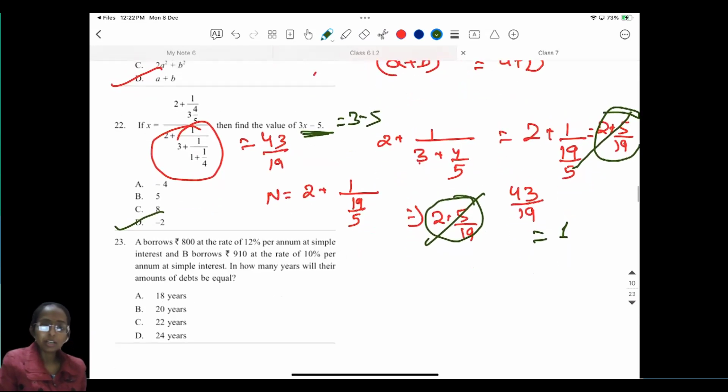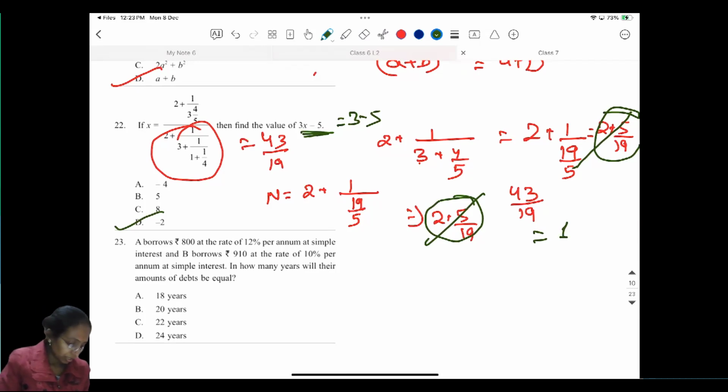Now the next question. A borrower A borrows rupees 800 at the rate of 12% per annum at simple interest, and B borrows 910 at the rate of 10% at simple interest. In how many years will their amounts of debts be equal?